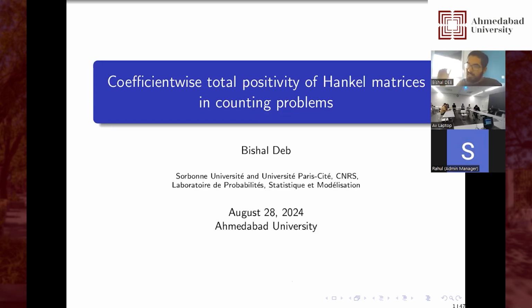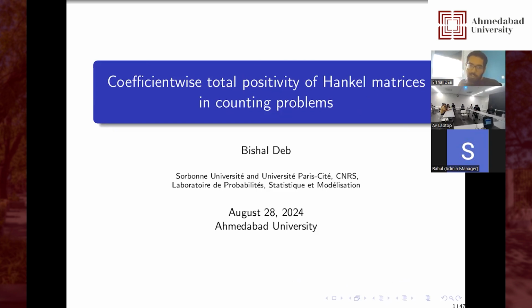So this is the structure of the talk. By the way, can you see my cursor? Yes. Okay. So I will first introduce the notion of total positivity. Then I will talk about total positivity of Hankel matrices, and we will see how that comes up in counting problems.